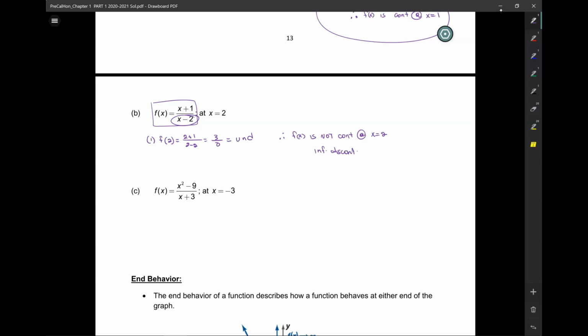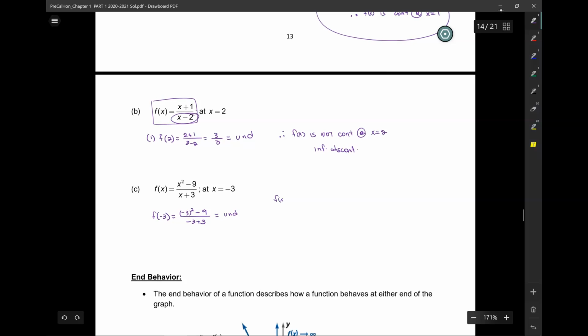What about this one? f of negative 3. Again, we get negative 3 squared minus 9 over negative 3 plus 3. This is undefined, so again, it fails. So f of x is not continuous. Now let's see what kind of discontinuity it is. In this case, let's factor the numerator.